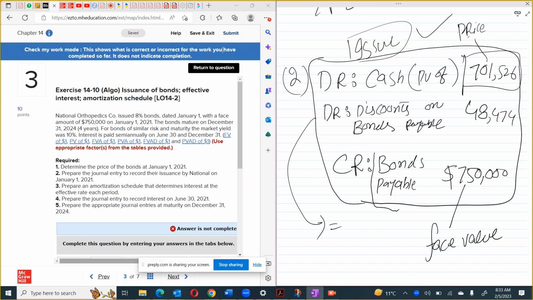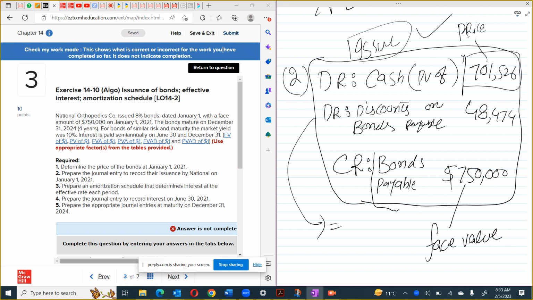Think: if the smaller side is credit, credit the discount. If the smaller side is debit, debit the discount. That's a free of cost tip.